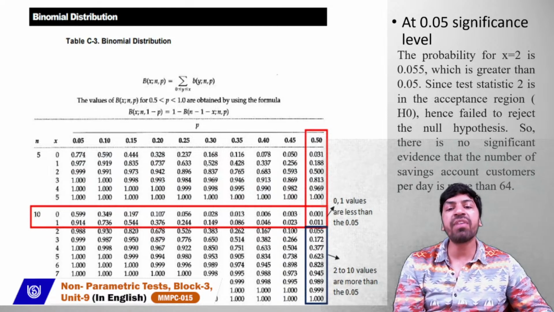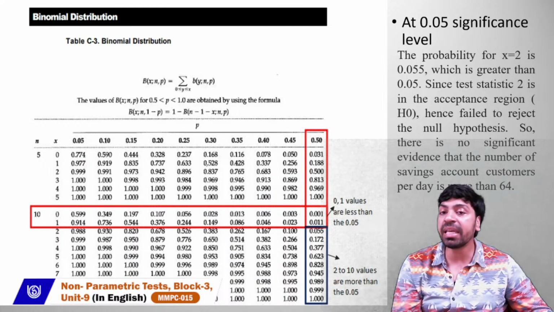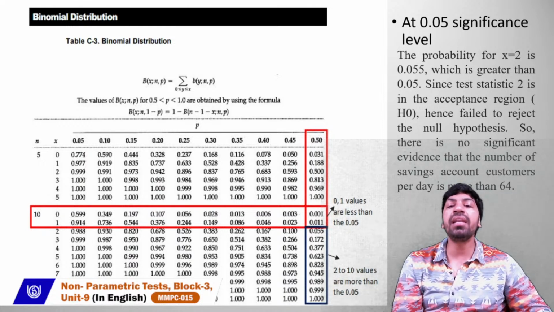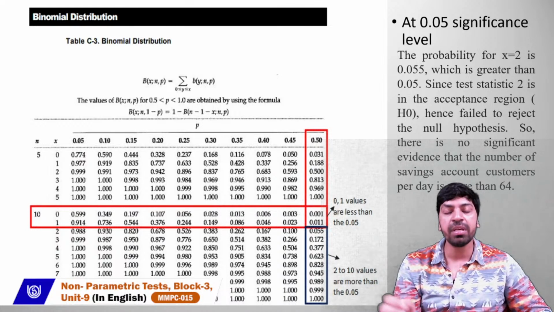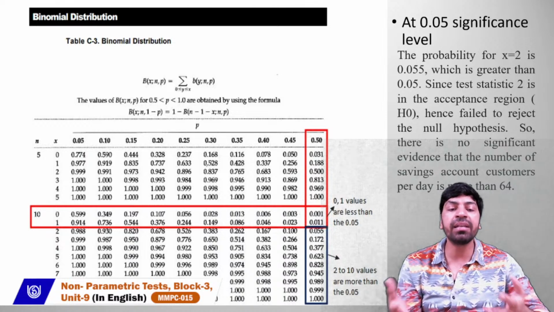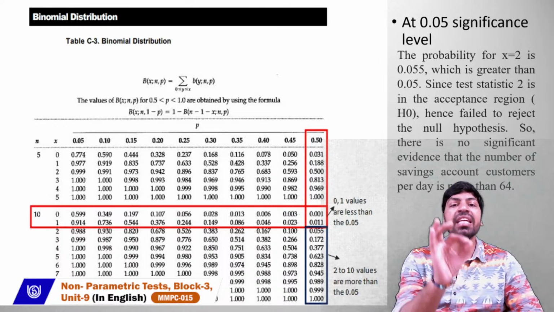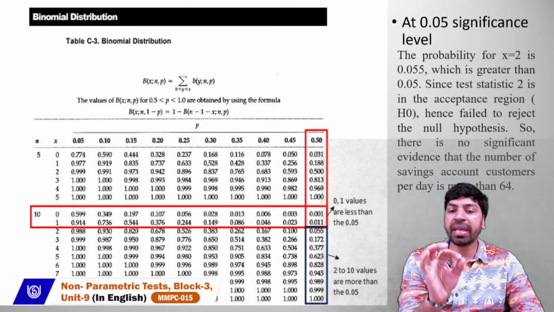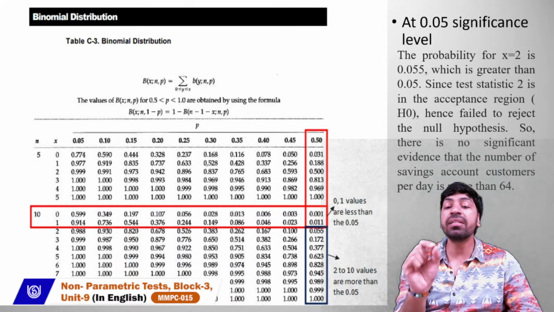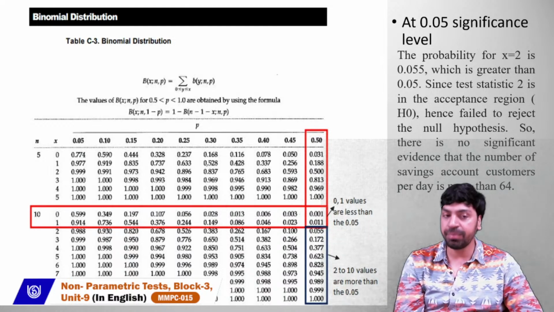If you look up the 0.50 column, the values are 0.001 and 0.011, and we can see that both these values are less than the significance level of 0.05. The rule of this test is that if the p-value is less than the significance level of 0.05, we have to reject the null hypothesis.